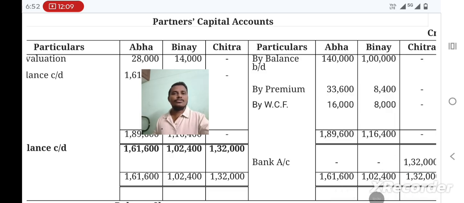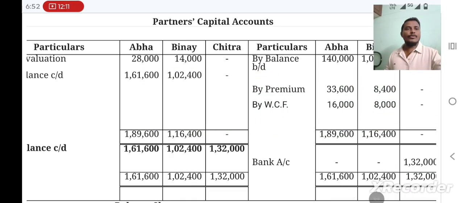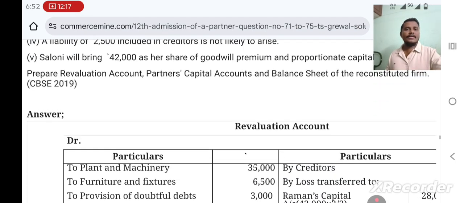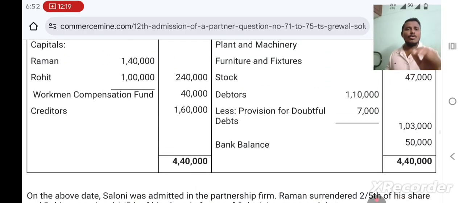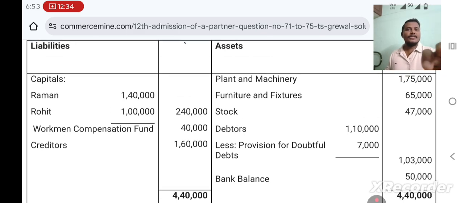Next, we left one thing, that is workmen compensation reserve minus claim. The difference is 24,000. That will be split in the old ratio, not in the sacrificing or gaining ratio, because this is inside the old balance sheet. Whatever is inside the old balance sheet, you can directly split in the old ratio.